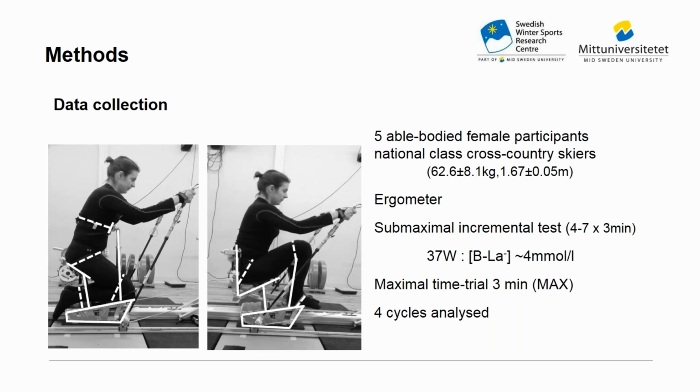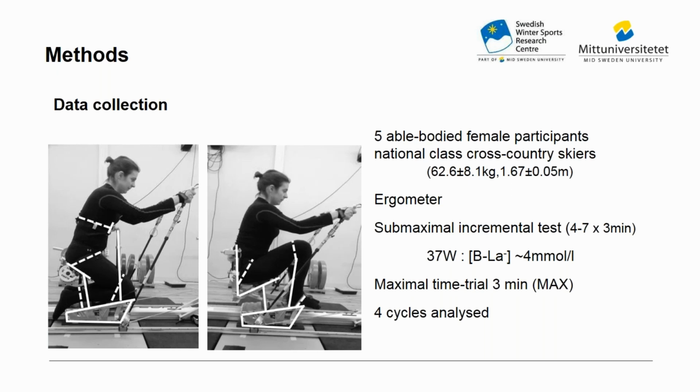We report results here from the exercise intensity of 37 watts, where the blood lactate concentration was approximately 4 millimoles per liter. They also performed a maximal time trial for 3 minutes, where the purpose was to go as far as possible and in the end get the highest mean power output during this period.